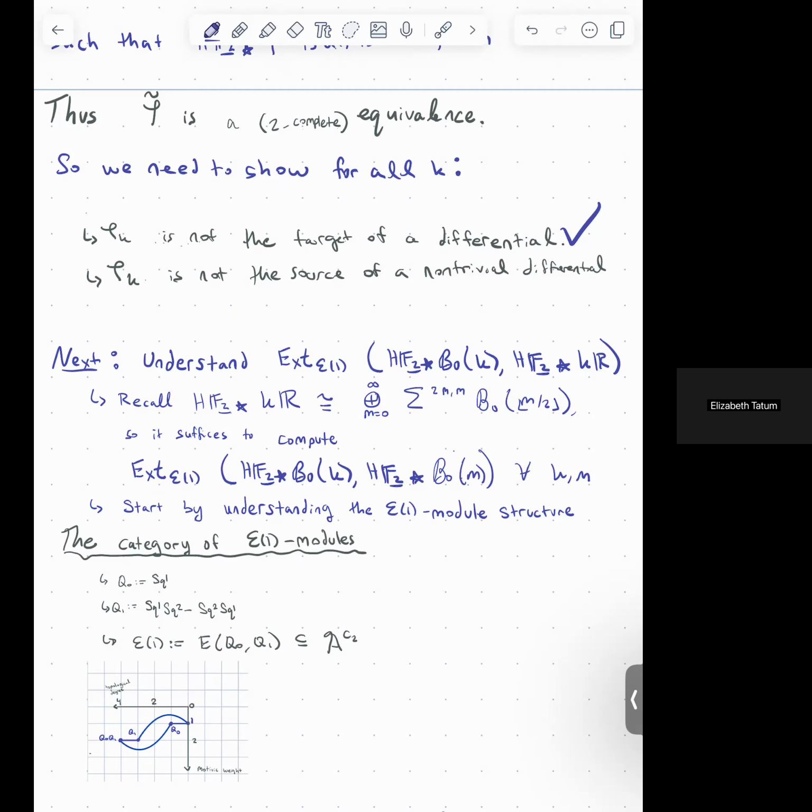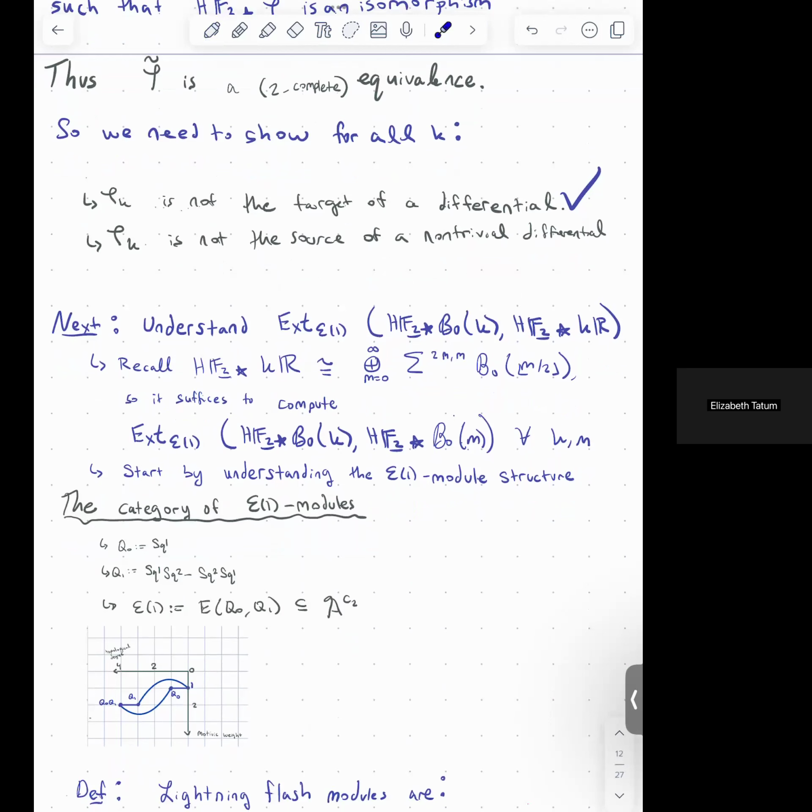It's going to suffice to just compute the Ext terms of the homology of B0k, B0m for all k and m, because then you could sum them up and get this E2 page.